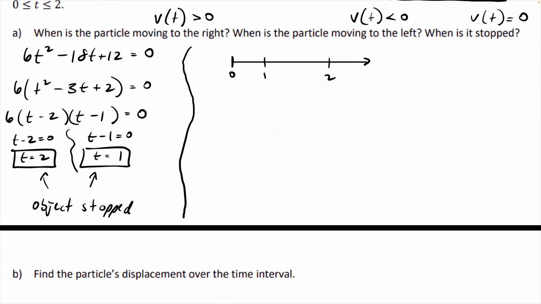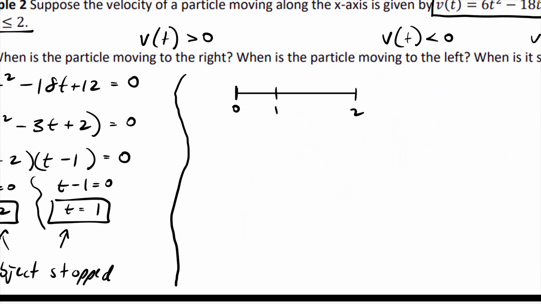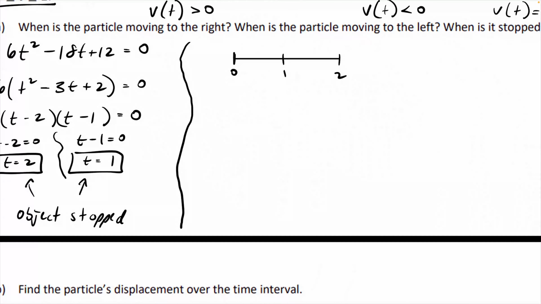It starts at 0, and there is nothing bigger than 2, because the interval just goes from 0 to 2. So really, the number line is really a segment. Okay? So I need to pick a number in between 0 and 1. I'll pick 0.5.